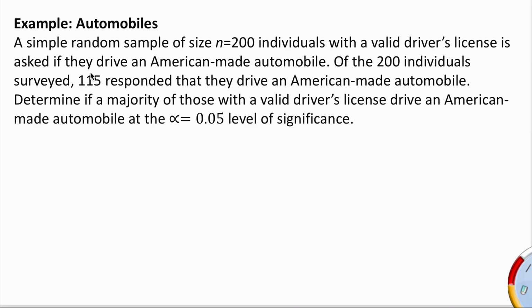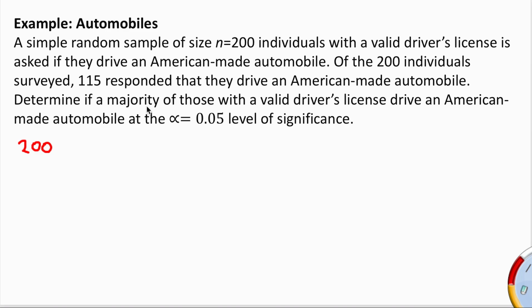We've just got 115 out of 200. We don't have a mean or any talk of an average in there. So the first thing I've got to do is make sure that n times p sub naught times 1 minus p sub naught is at least 10. The question is to determine if a majority, so that means over half.